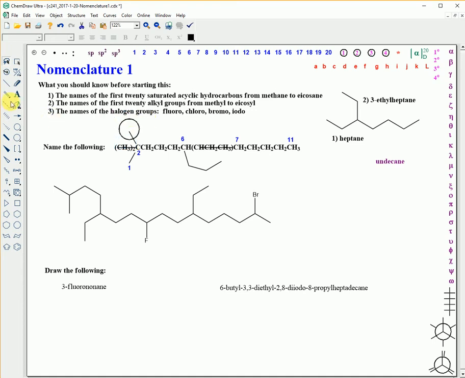The answer is 1. That makes it a methyl group. Groups end with YL. I'll put a circle around this one. We will call that propyl because it has 3 carbons.